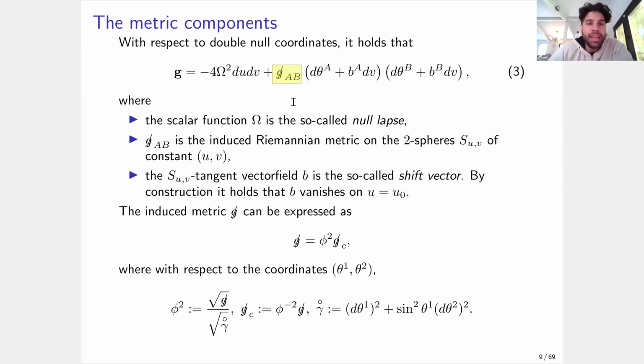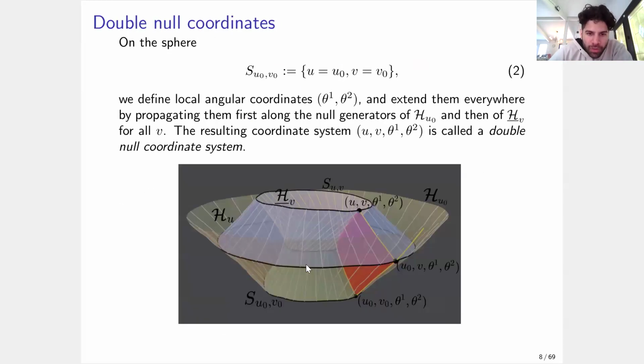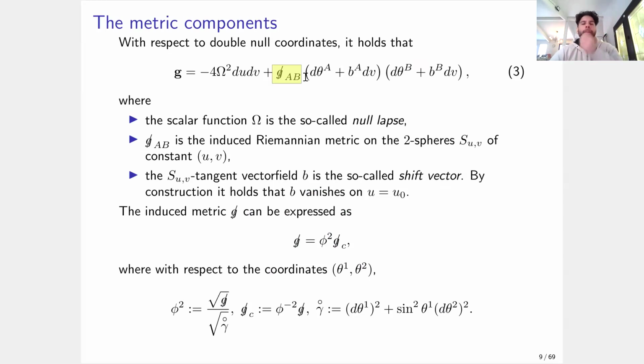This guy here is the induced metric on each of these sections. Okay, A and B are the angular components of your metric, and this slash means basically you take the section. Now, something very important. This is, as I just said, the induced metric on each of the sections. This guy is what I just talked about before, the unit round metric on each of your sections.